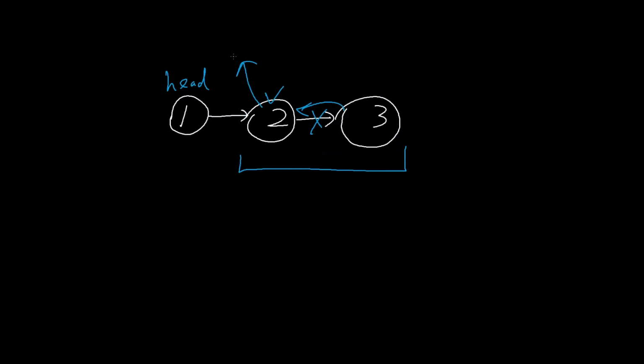Okay, but after that we could see there are two pointers we need to modify, right? This one and this one. So we could use head.next. Head.next is this one, and its next pointer needs to change to point to head, right?